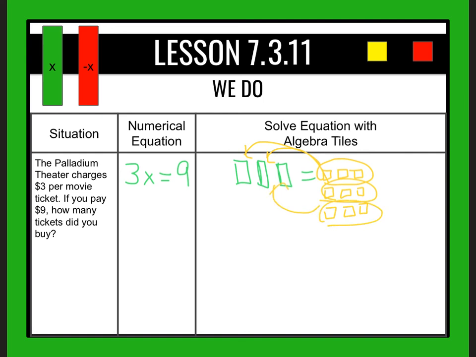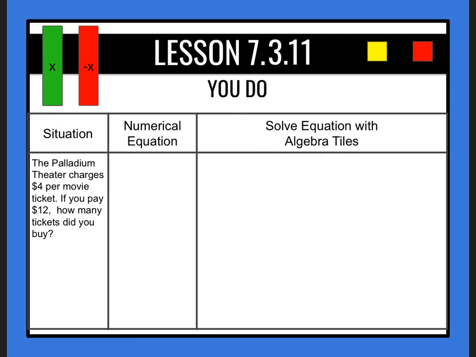And I can then see that x is equal to 3. So 3 times a number equals 9. Well, the inverse of multiplication is to divide by 3 on both sides, and x is equal to 3 tickets. So if I spent $9, I bought 3 tickets at $3 per movie ticket.